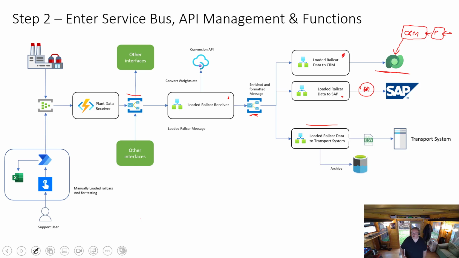So we could have built this in a number of different ways, but one of the easiest ways to do this was to allow a business super user to use a spreadsheet in Teams. We could have a Power Automate over here that when they clicked a flow button, would go and read the spreadsheet, write to the Event Hub, and then we reuse all of the interfaces that we've already built to register that rail car with all the systems that need to know about it, so that we can then start processing that rail car.